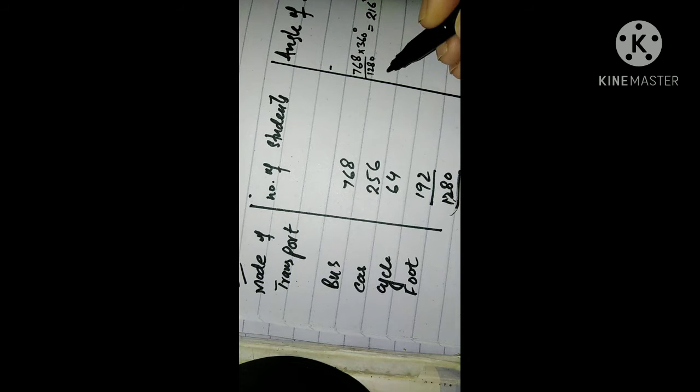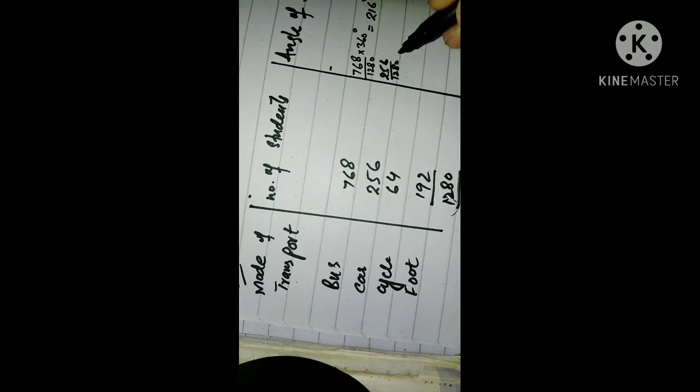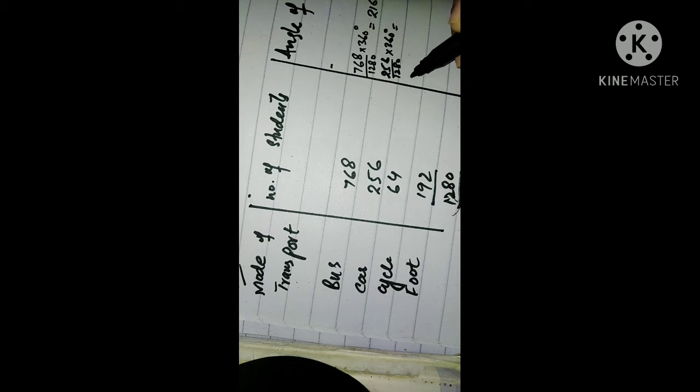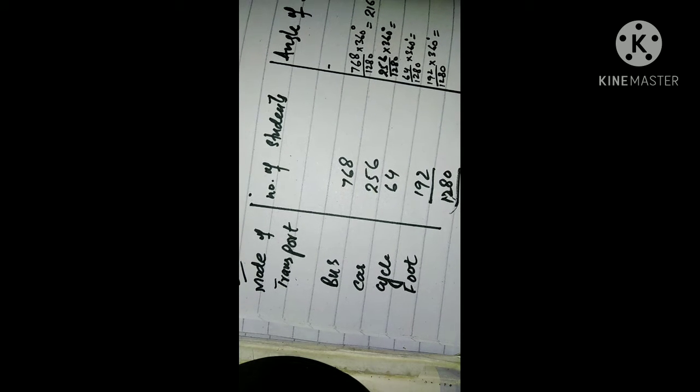Now in the same way I'll divide 256 by 1280 and multiply it with 360, then 64 by 1280 multiplied by 360, and 192 by 1280 multiplied by 360 degrees. Now I'm going to find the angles.